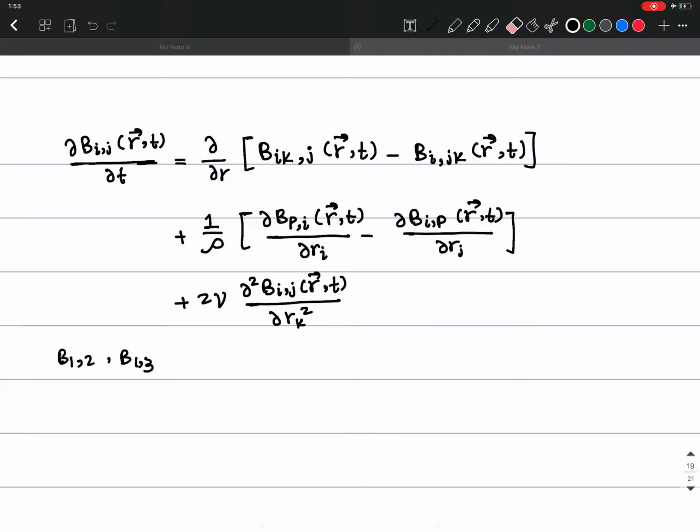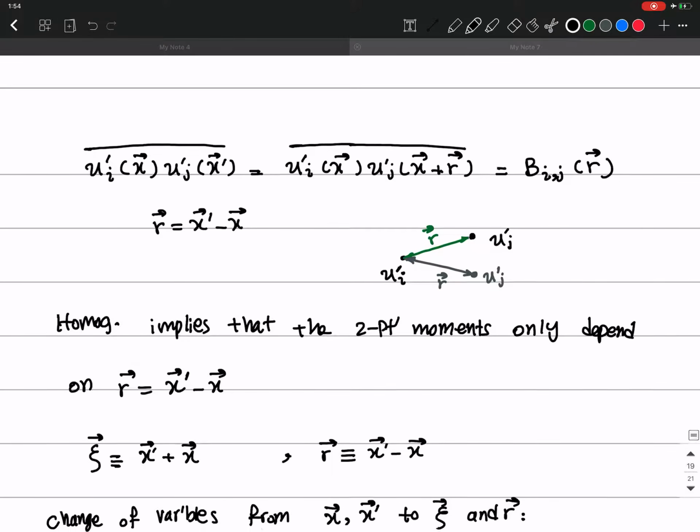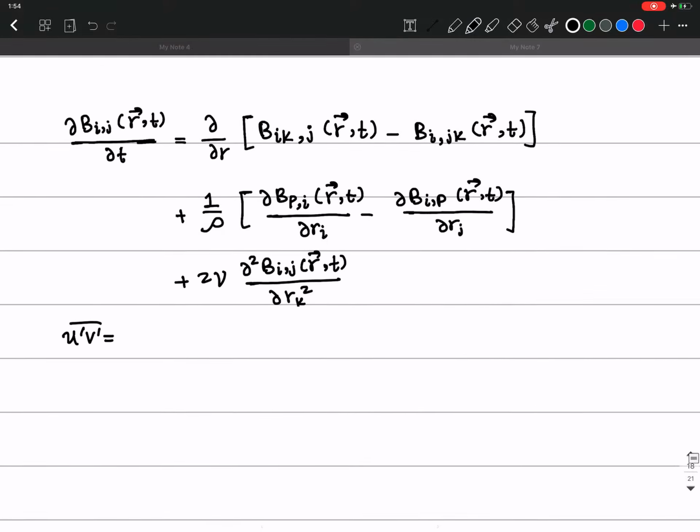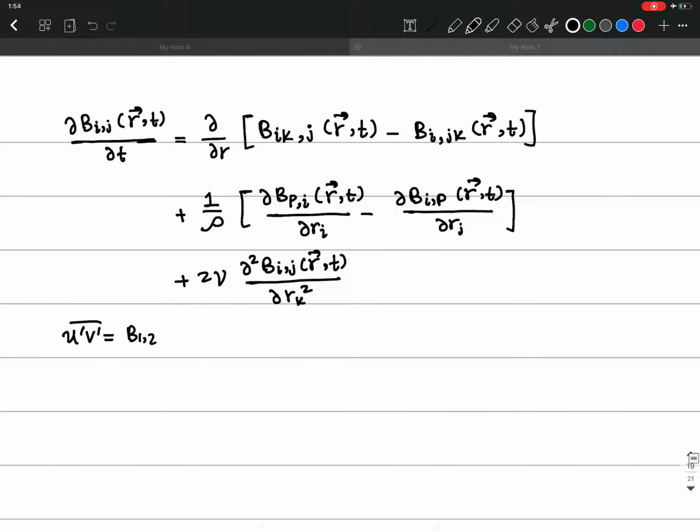Let's say u prime, v prime is going to be B12, and u prime, w prime is going to be B13, right? So these are for all 3 velocity components. One thing that I want to further simplify is to only look at, let's say, u square, v square, w square.